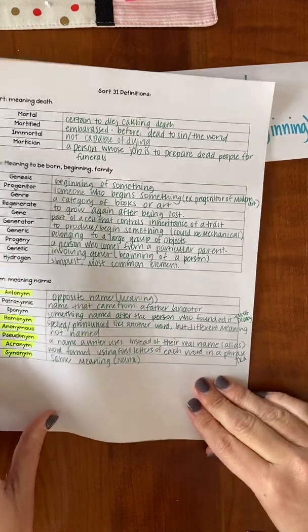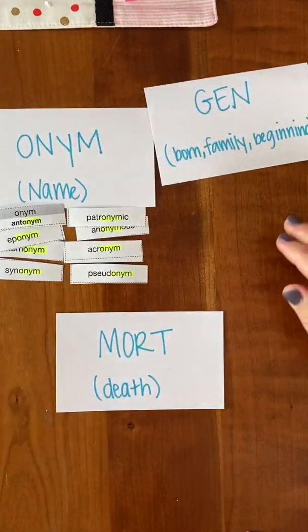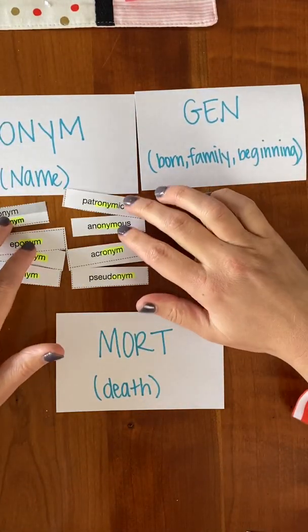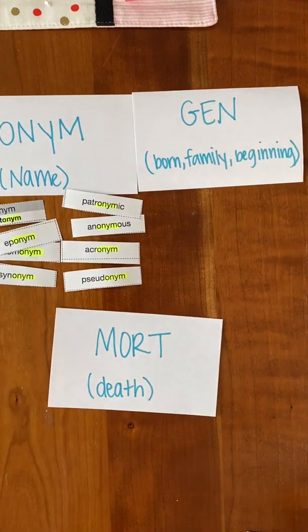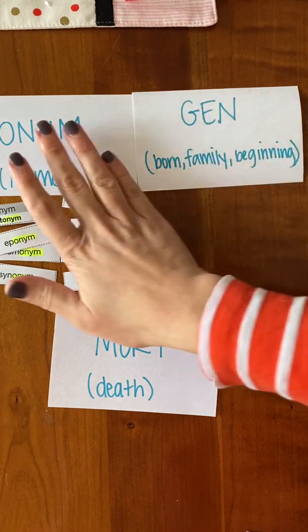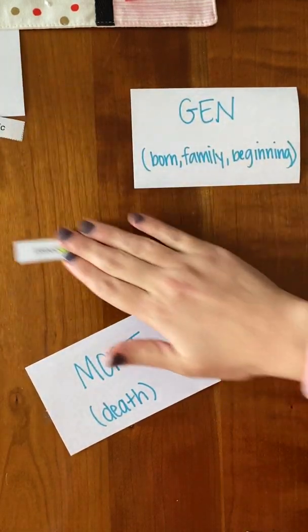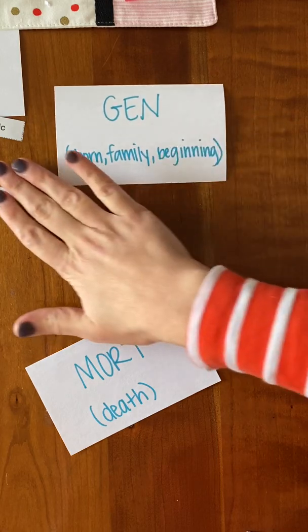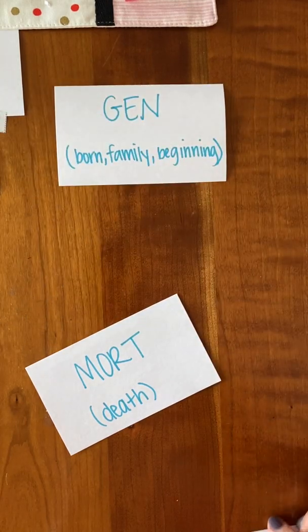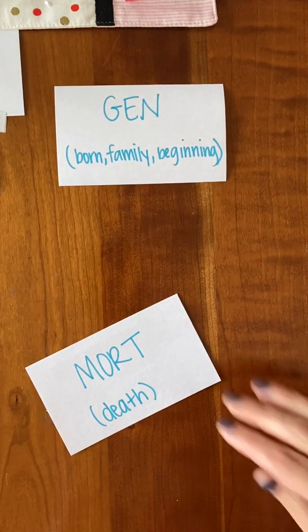Okay, moving on to the next one, we have the root word gen, which means born, family, beginning, something to that effect is what we have. So I'm going to move these out of the way so we can kind of talk about just this one. Okay, so again, I'm going to go through these kind of quickly. Some of these make the most sense to you.